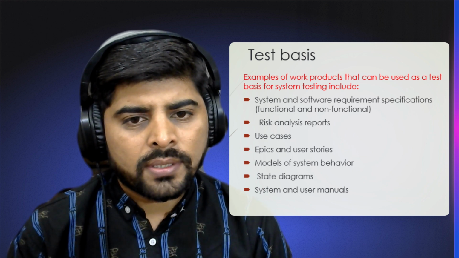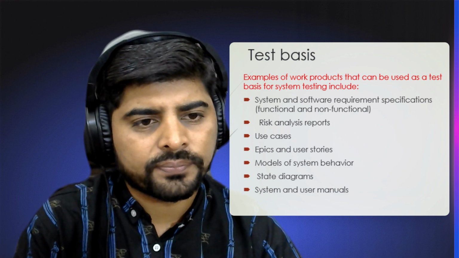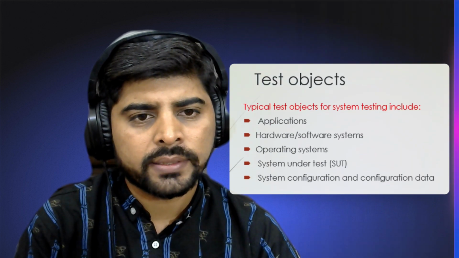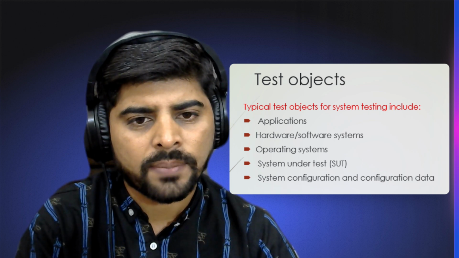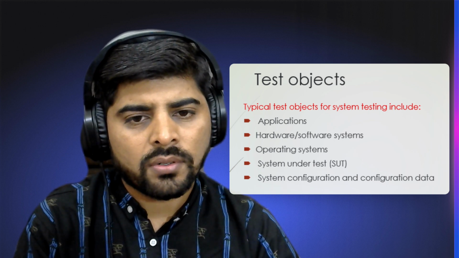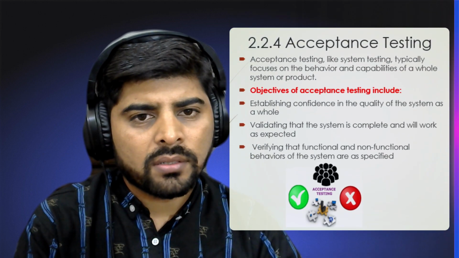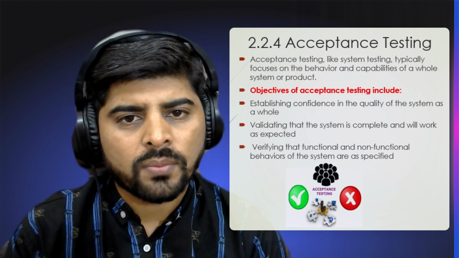So models of system behavior, state diagrams, system or user manuals. So typical test objects for system testing include applications, hardware and software systems, operating systems, system under test, system configuration and configuration data.